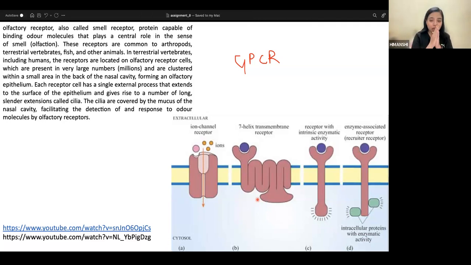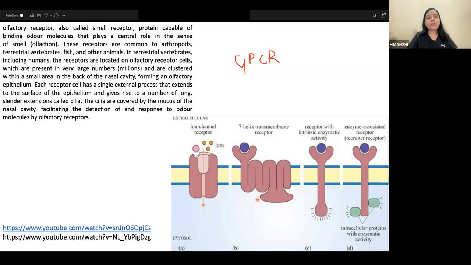We have a lot of drugs in the market which are FDA approved, correct? Most of those drugs work on GPCRs because GPCRs are so common in our body that if we are looking to treat any disease, chances are that it will be associated with a GPCR, right?